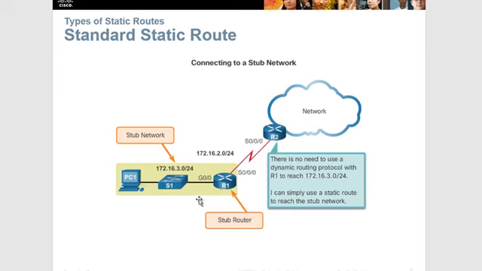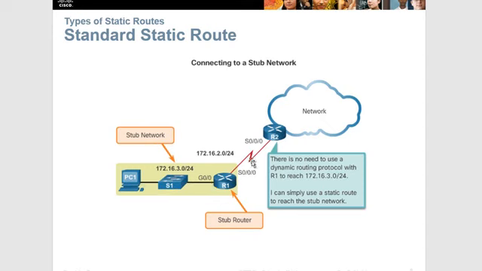So your standard static route would be the route from R2 to R1. It doesn't need to use a dynamic routing protocol. It's always going out serial 0/0/0, and its next hop is always this router to get to the network over here, 172.16.3. Okay, so that's always going to be its route to that network.